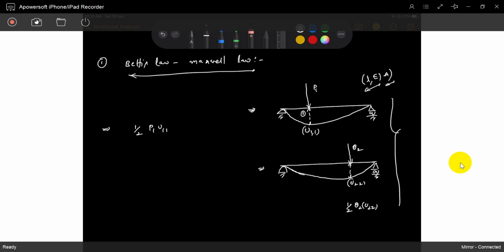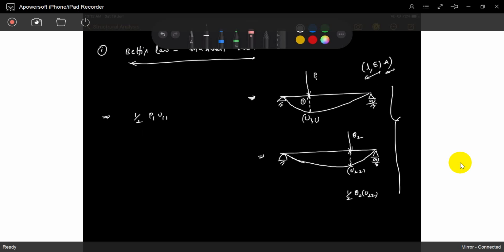Now we see, for the same beam, the Q load is followed by the P load.